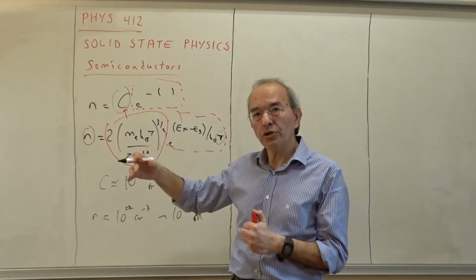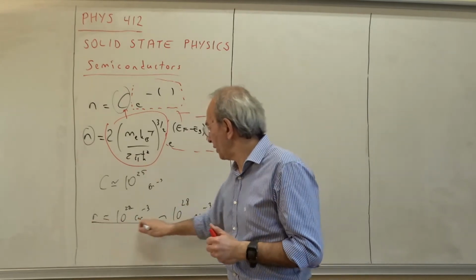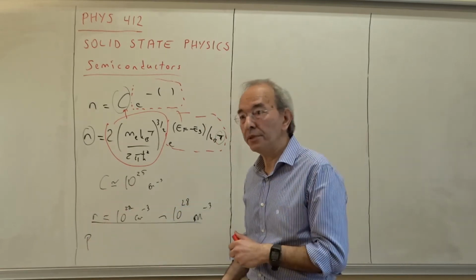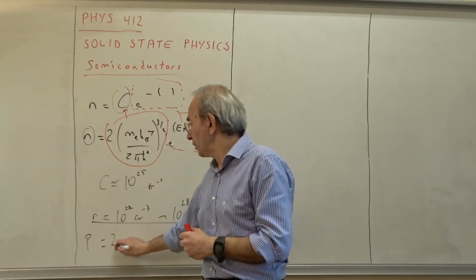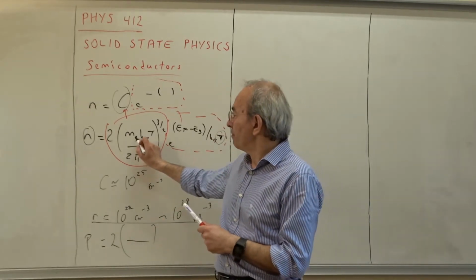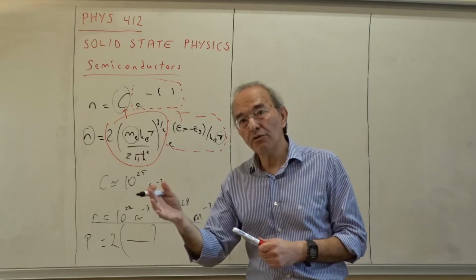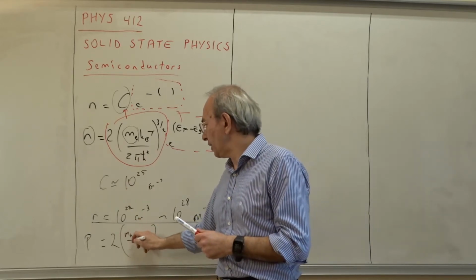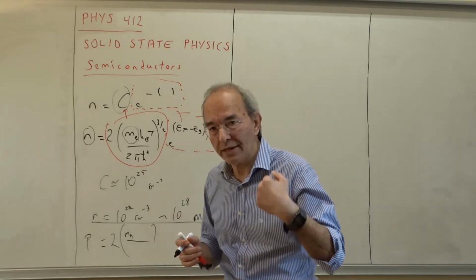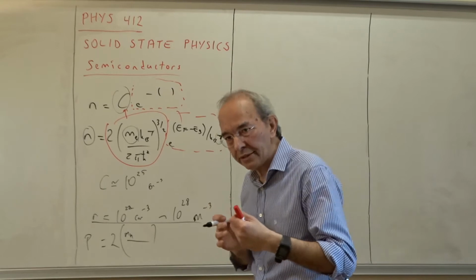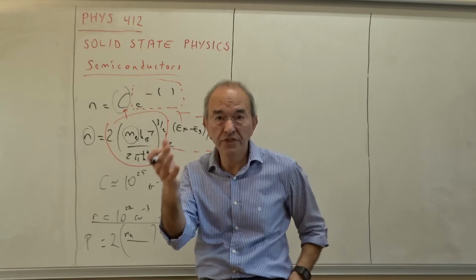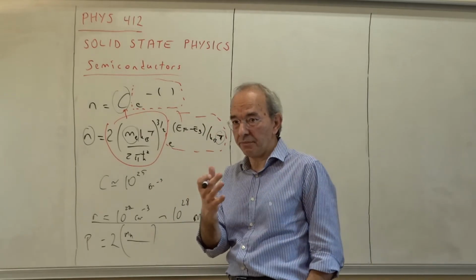And what is the corresponding term for the free holes? Let me write it here. We have p for positive, and n for negative, remember, and the same behavior, 2 times the same factor, but in this case be careful. Here we have the mass of the electron, here we have the mass of the hole, and we have seen that even a hole is supposed to have a mass, because it cannot react immediately to a force, to a field applied, so it behaves as if it has a mass.